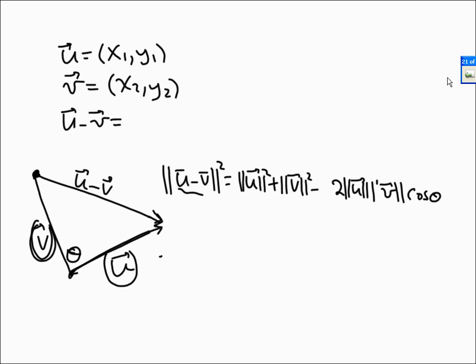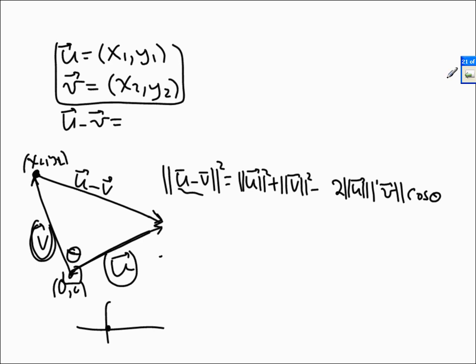Well, this point here, that's the same as vector v, which is our x2, y2. We're assuming that that's the origin, because I can move everything down. If the origin is right here, I can move it so this point is now at the origin. And in fact, that's how I'm defining u and v.